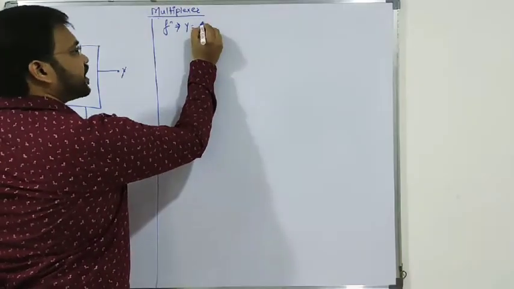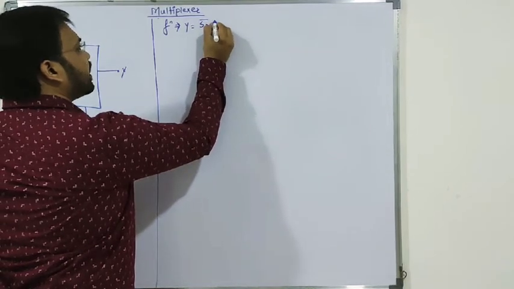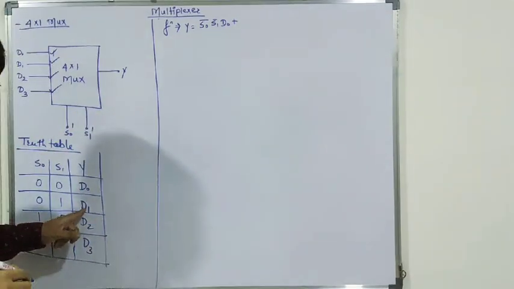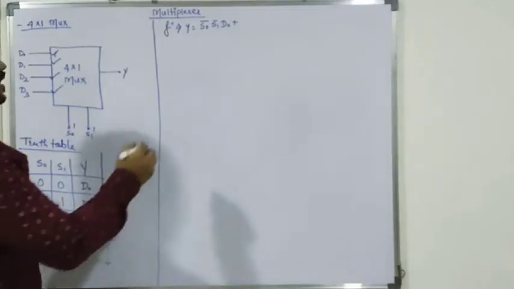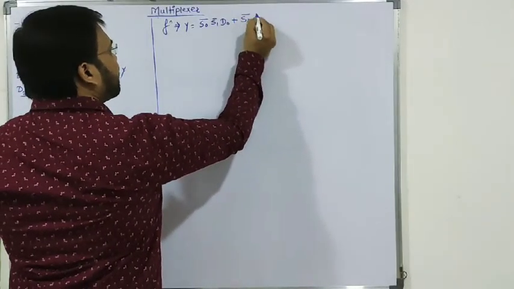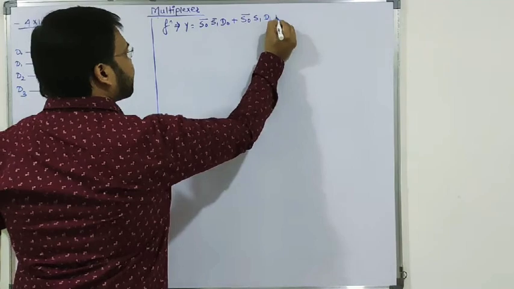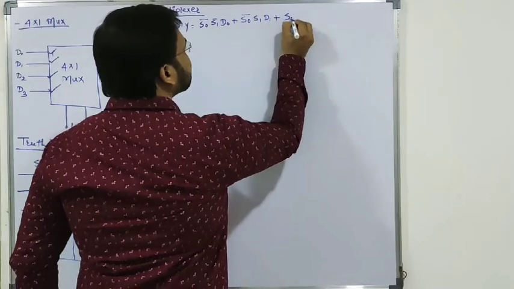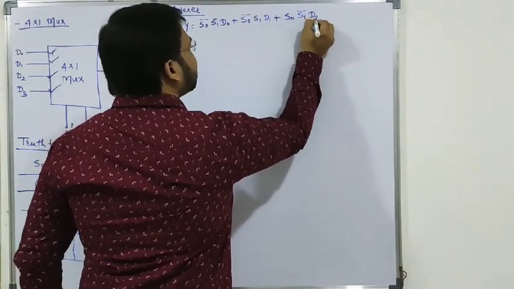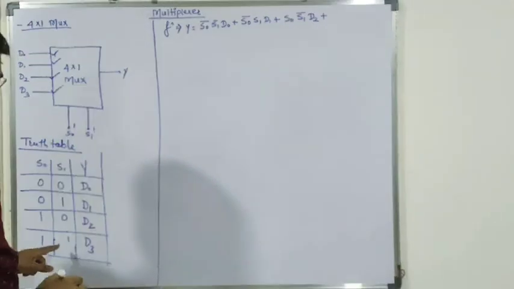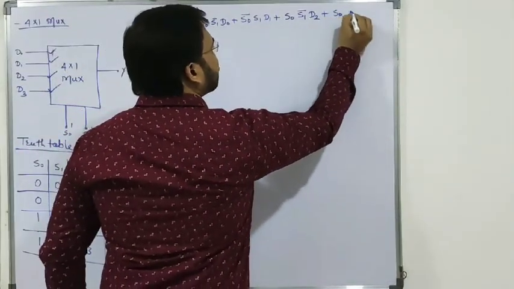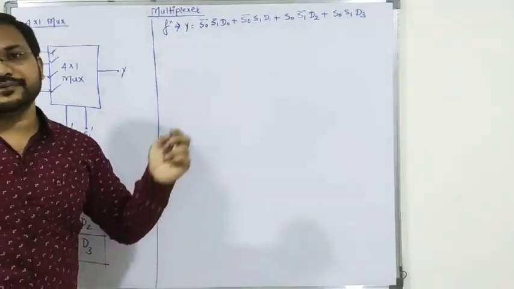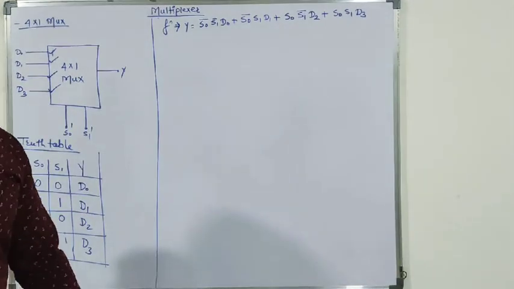So Y is S0 bar S1 bar D0, plus for 0 and 1, S0 bar S1 D1, plus S0 S1 bar D2, plus S0 S1 D3. Okay, so this is the function for this 4:1 multiplexer.